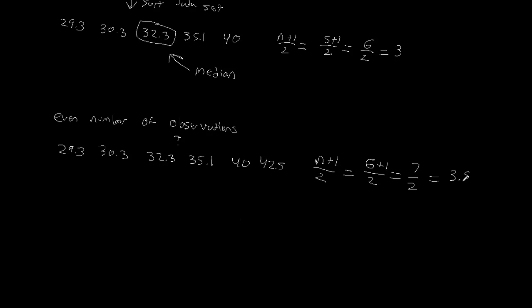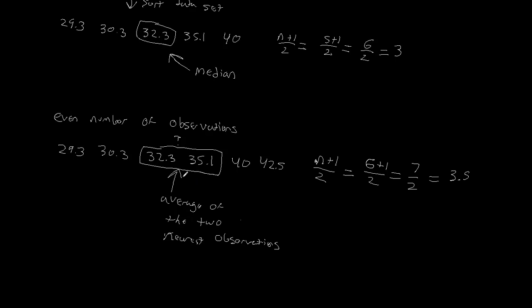Well, you can't go to 3.5. There is no half observation here. So when the number of observations is even, you take the average of the two nearest observations.